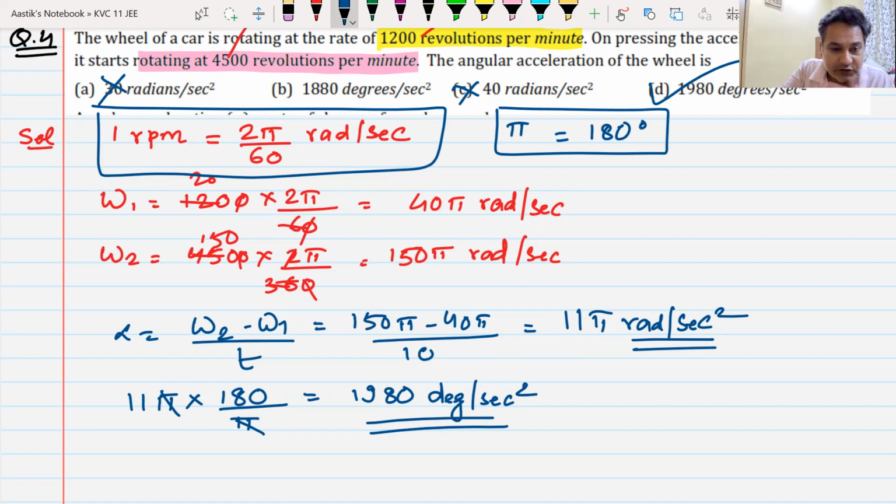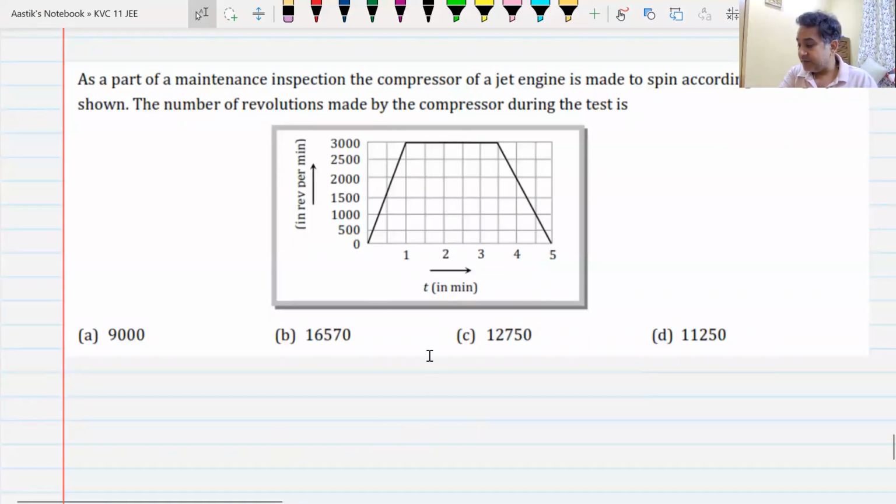To remember this, you should be able to convert this. Can I give the last question for today? Let's see who gets this one. Remember, whatever we have done in motion in 1D, the same thing comes over here. We understand this? Let's see who can give me this one.